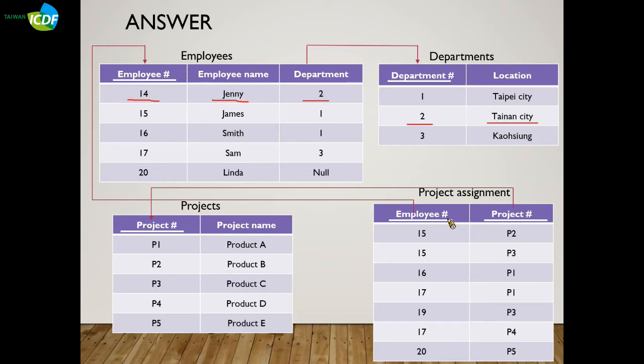At the same time, let's consider project assignment. It describes the fact that employees are involved in projects. So here we received the information about employee number 15 involved in project number P2.